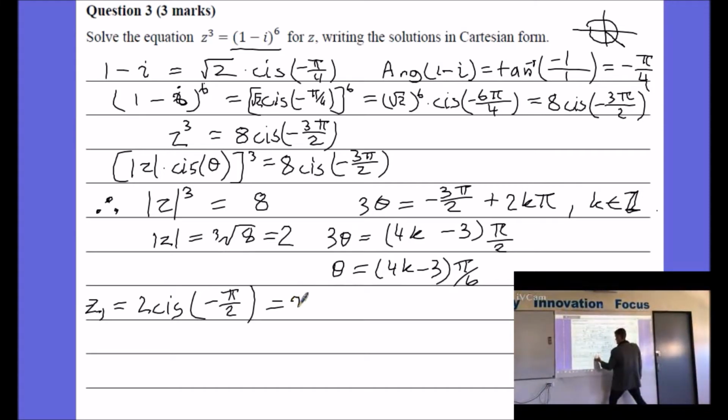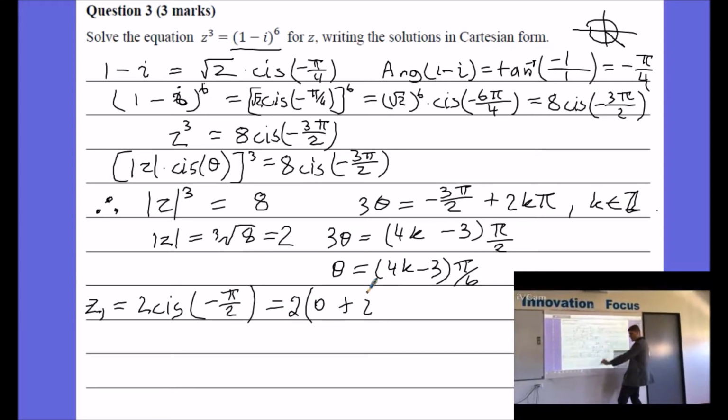So we have 2 lots of, now we're going to evaluate it at cos and then at sine. So the cos of that angle is going to give us a 0 plus i times the sine of that angle. The sine of that angle will go to, this is down in the 4th quadrant at the bottom, so that will be a minus 1. Okay, and that simplifies down to negative 2i, so there's 1 root.